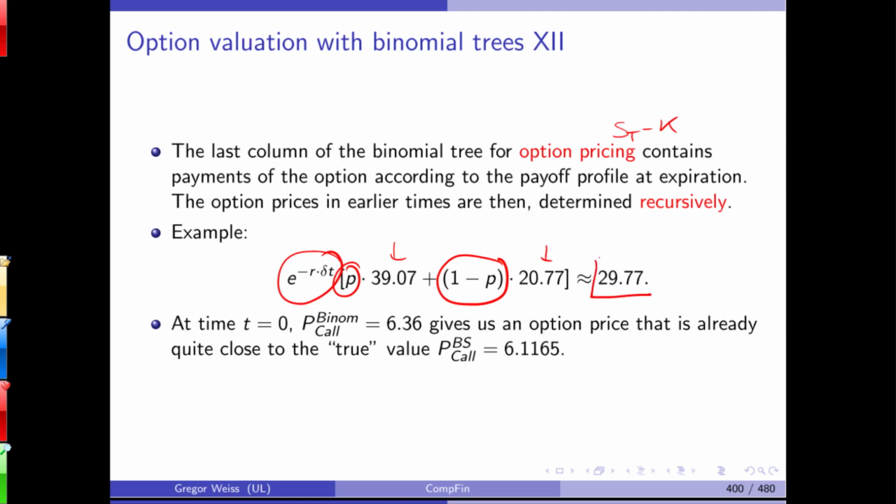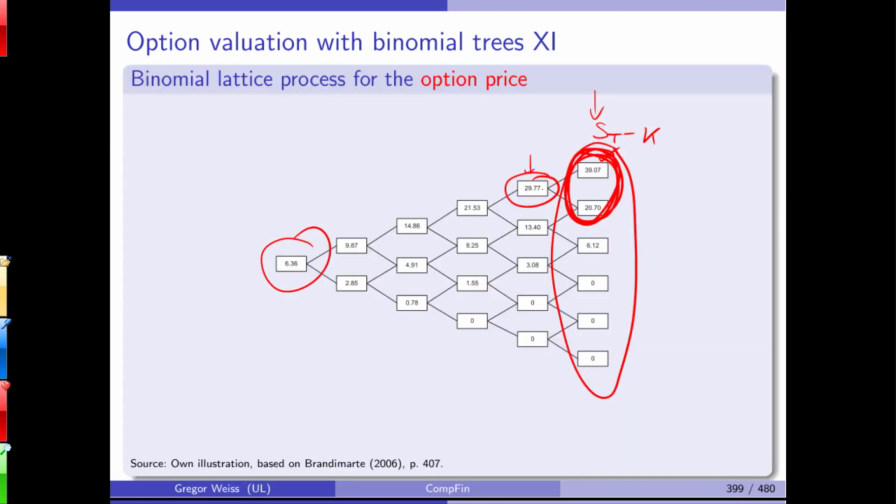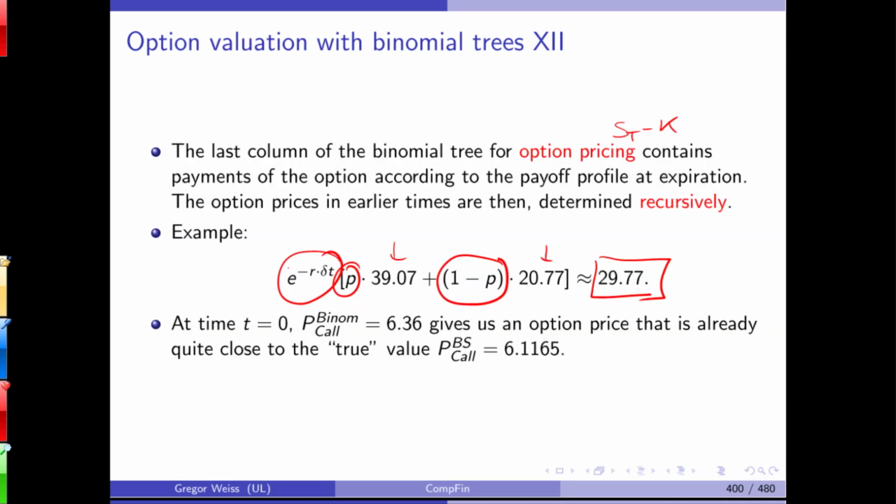And this should give you approximately 29.77. And this is exactly this value here. Then you do it for this, and this, and this, and this. And then you go backwards, and backwards, and backwards. So this is how you can calculate it recursively. So at time t0, the binomial lattice gives you a price of 6.36 compared to the assumably true price from the Black-Scholes model, which is 6.1165.